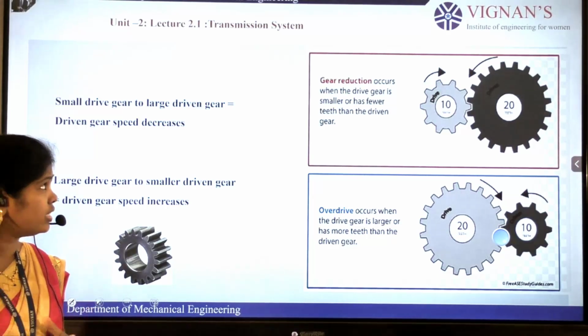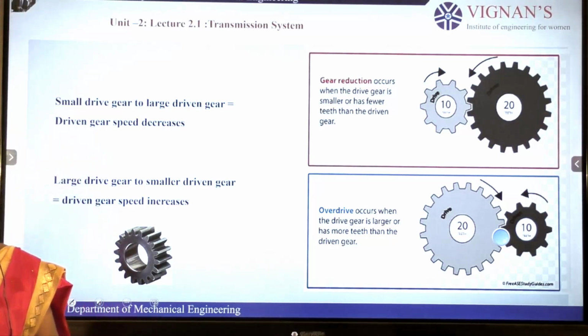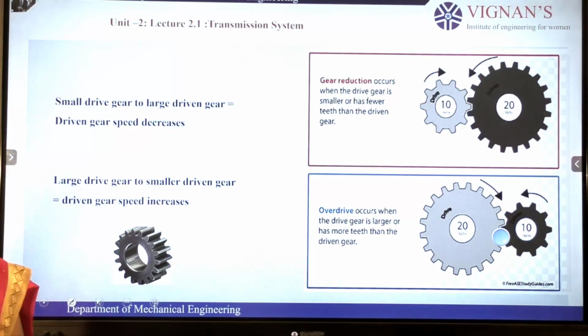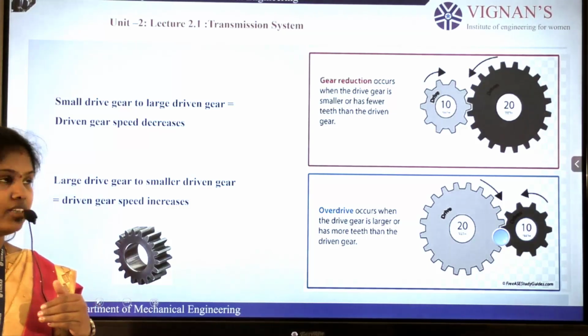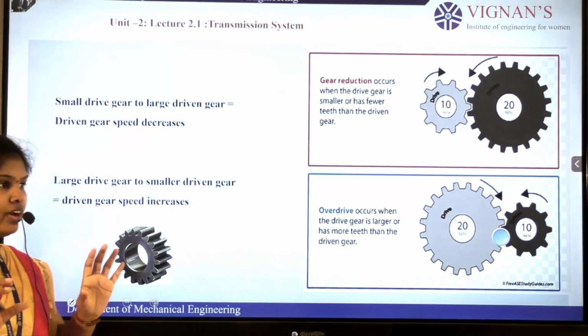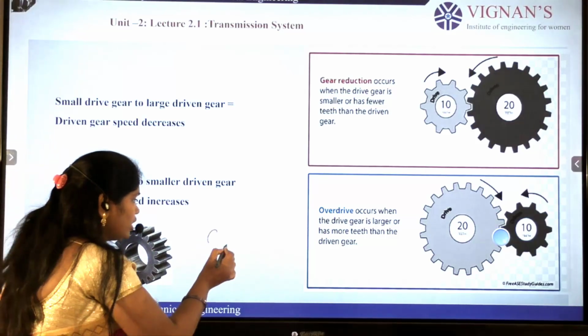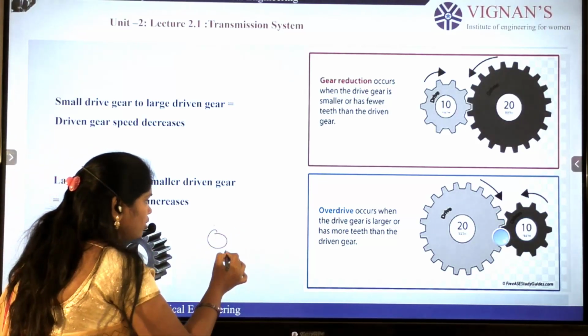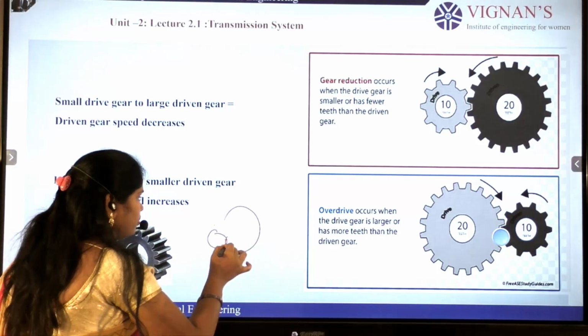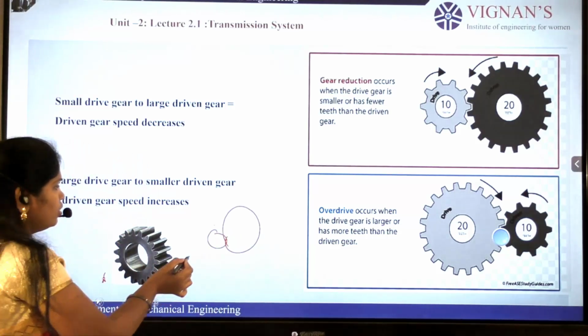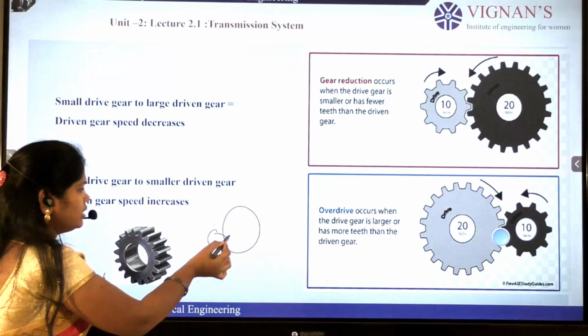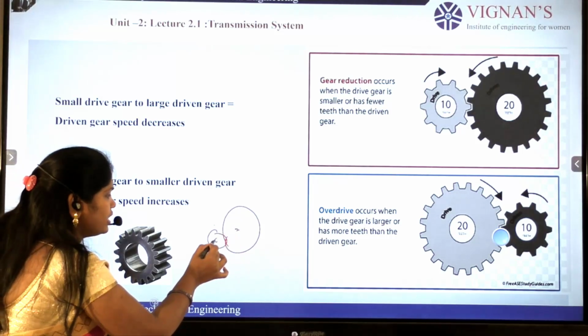So we have to discuss gear reduction and overdrive: how the gear speed is increased and how it is decreased. Here we have to discuss two gears. This is the driven gear and this is the driver gear.